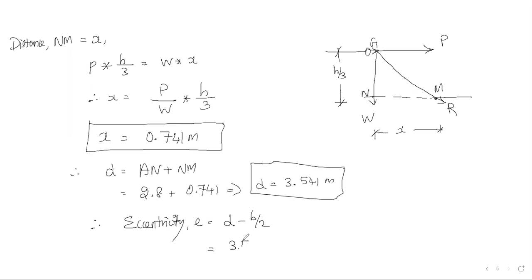So D value is 3.541 minus B by 2, which is 8 divided by 2, that is 4. It becomes minus 0.456. This minus sign indicates that the tension force is going to act at point A instead of B. Or else the tension force at point A is more than at point B. So this is the minus sign indication.